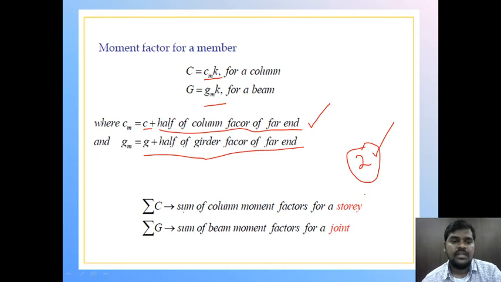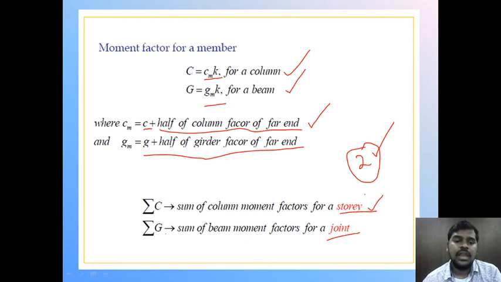Fine. So what is sigma C? That is the sum of column moments for a story, and sigma G is the beam moments for a joint. This is what we have for a member individually: C is equal to CMK and G is equal to GM into K. So for the whole structure, sigma C is the sum of column moments for a story, and G is equal to the sum of beam moments.